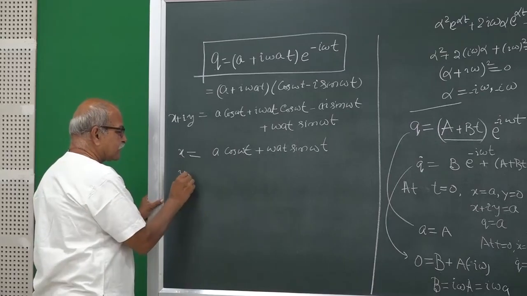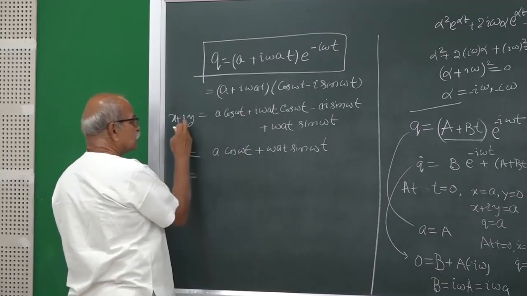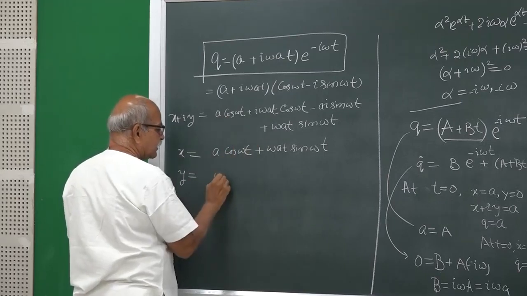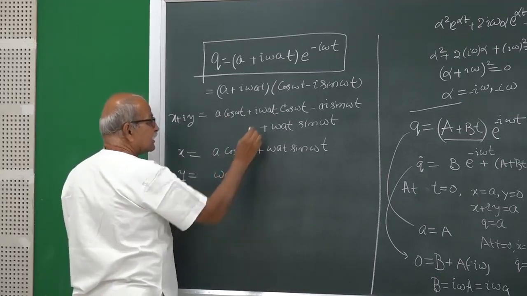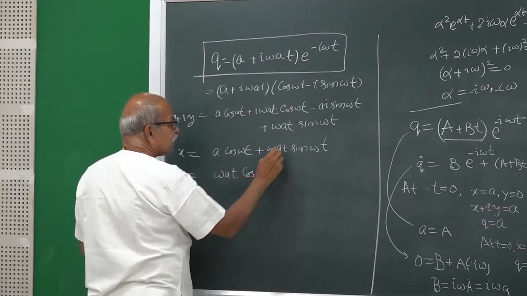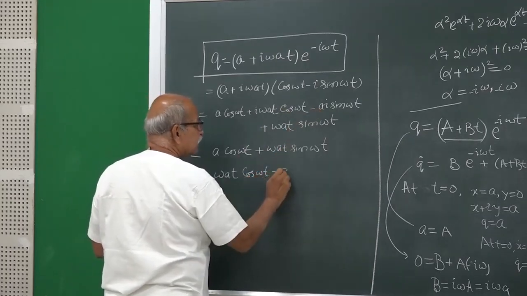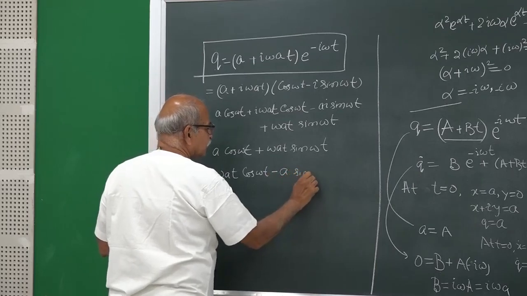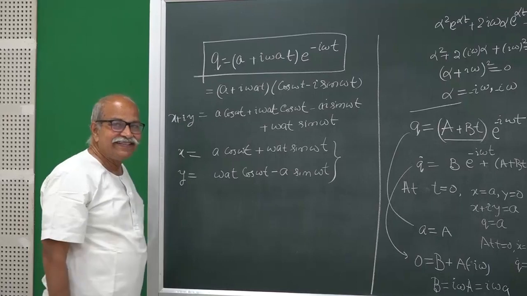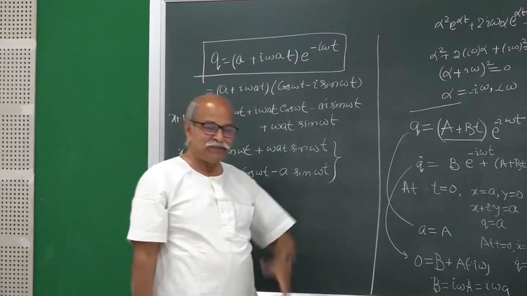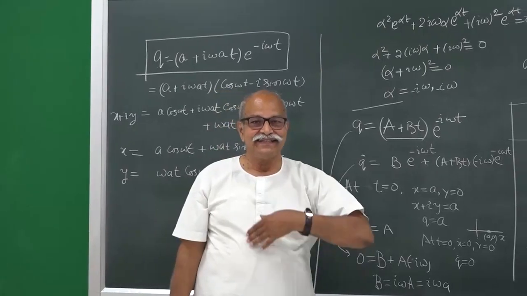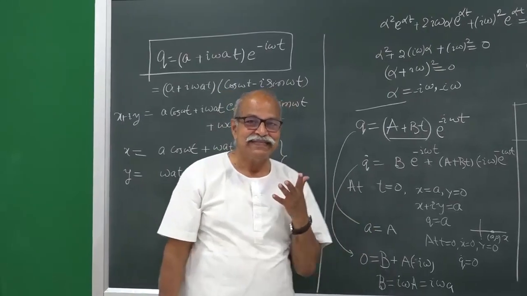And y is equal to, leaving out this i, omega a t cos omega t minus a sin omega t. These are the equations for the position, x coordinate and y coordinate, at any subsequent time t.